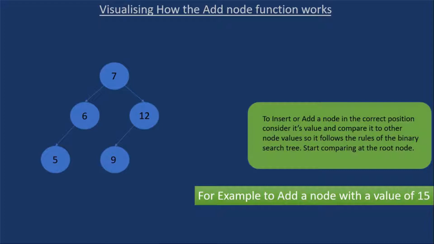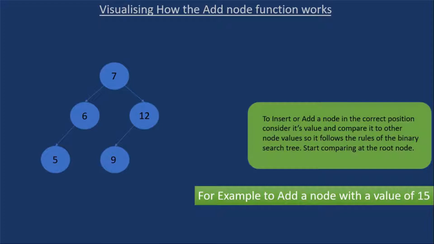While doing this, we have to keep two things in mind. If the value of the node you are currently adding is less than the value of the node you are currently comparing with, we add the node to the left pointer of that node. And if it's greater, then you add it to the right pointer of that node.